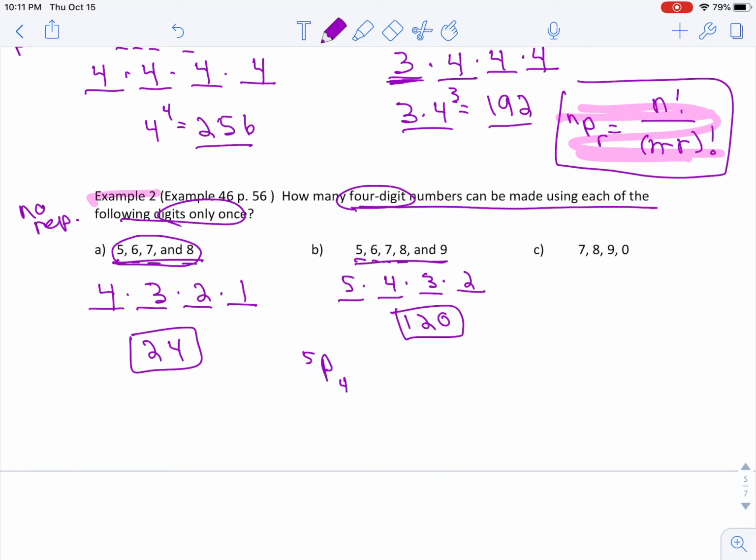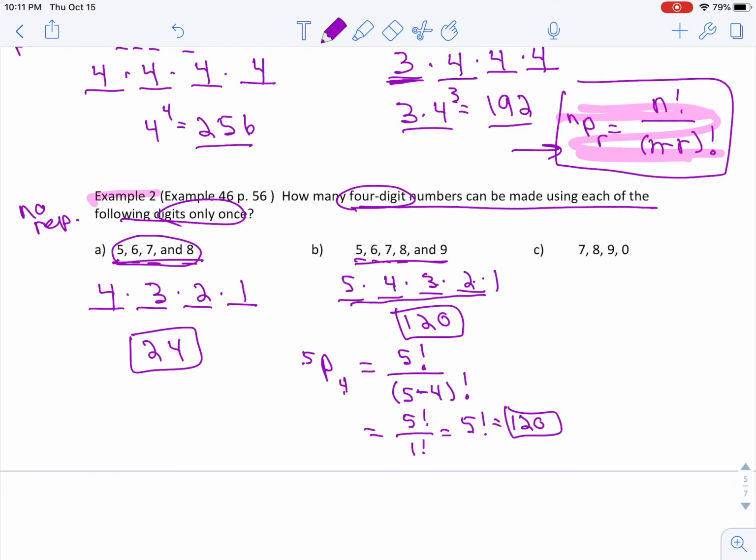We have 5 things, but we're only choosing 4 of them. According to the formula, that would be 5 factorial divided by 5 minus 4 factorial. So this is 5 factorial divided by 1 factorial, and 1 factorial is just 1, so we end up with 5 factorial, which is 120. Notice this is 5 times 4 times 3 times 2 times 1.